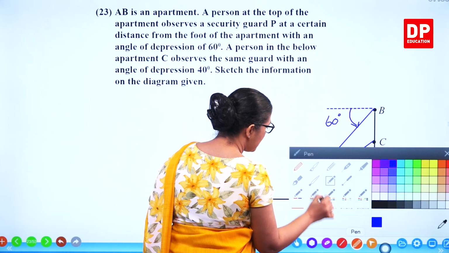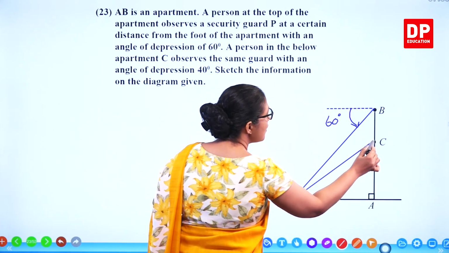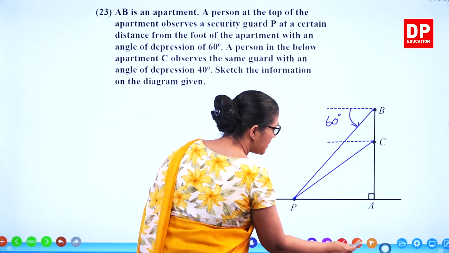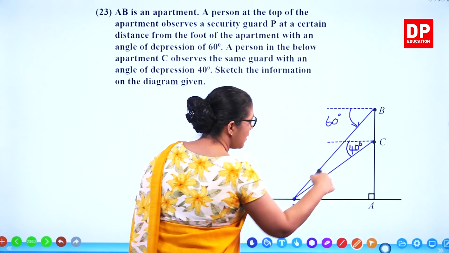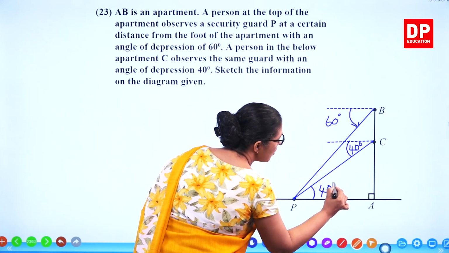So when you draw the horizontal line, this angle is 40 now. If this is 40, this angle is also 40. So you can mark this is also 40.